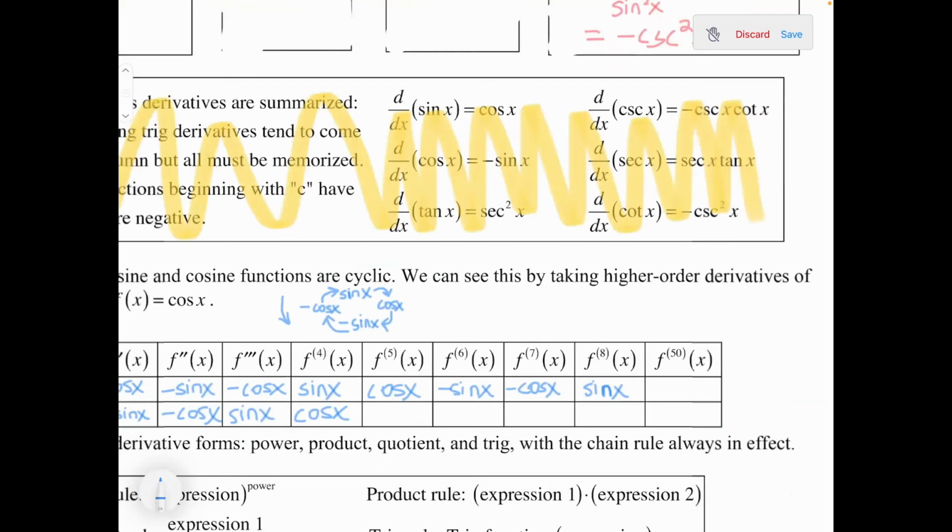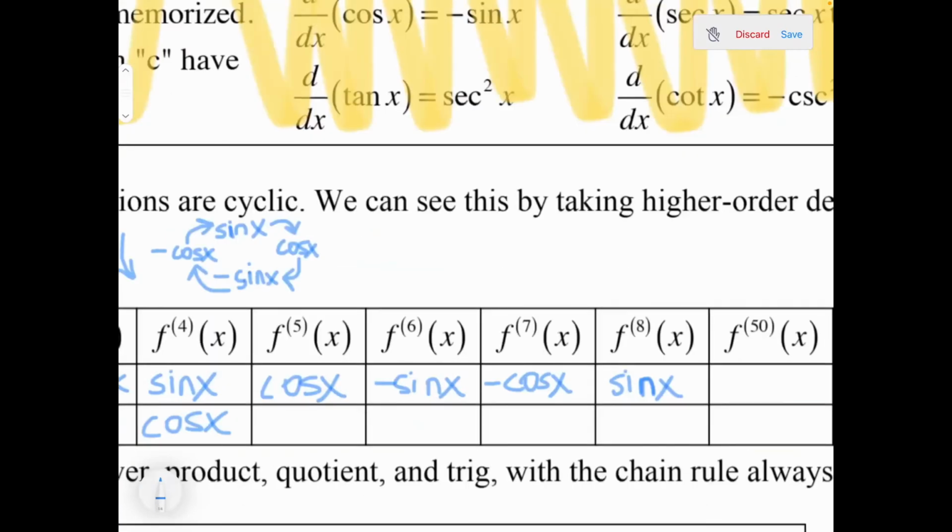So if we were looking for the 50th derivative of sine, we would start at sine, and you could literally count 1, 2, 3, 4, 5, all the way to 50. Or we could divide 50 by 4 and see where we are in the pattern. 4 goes into 5 one time.